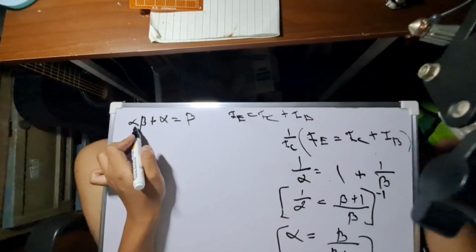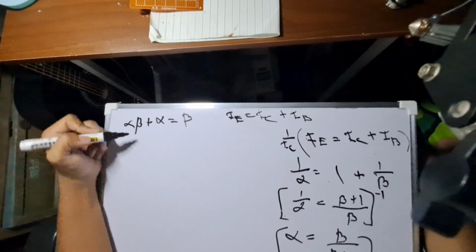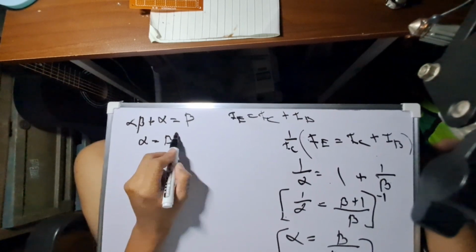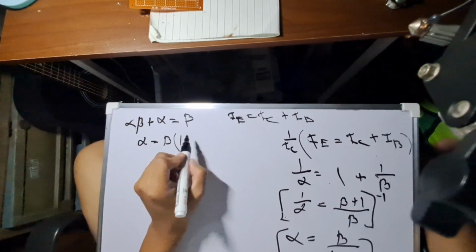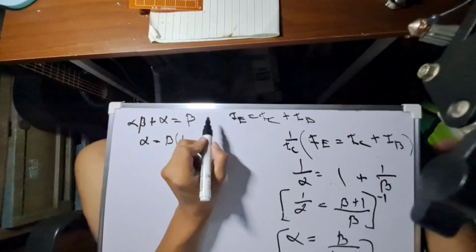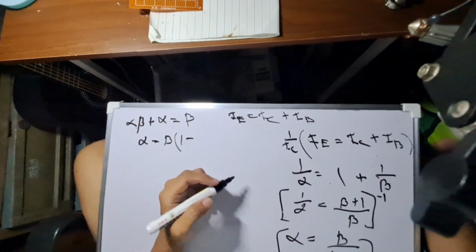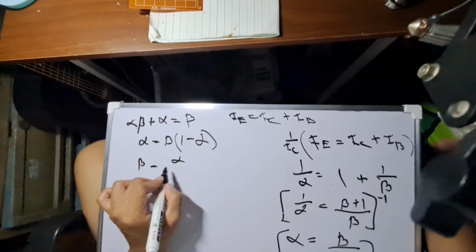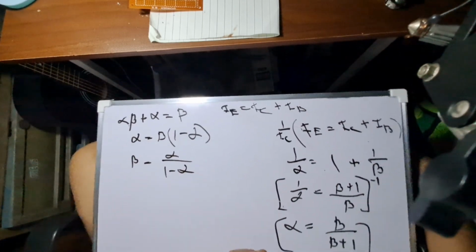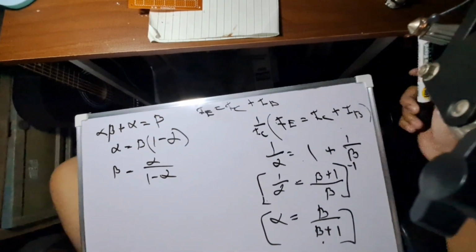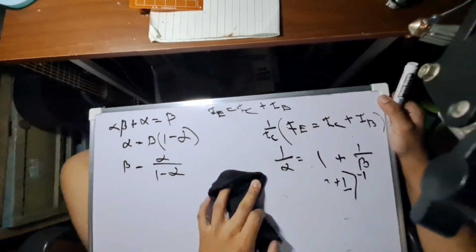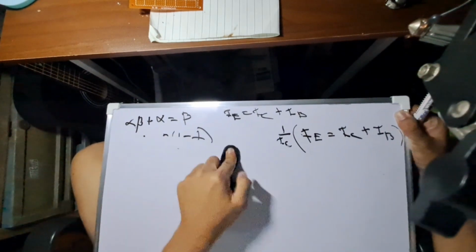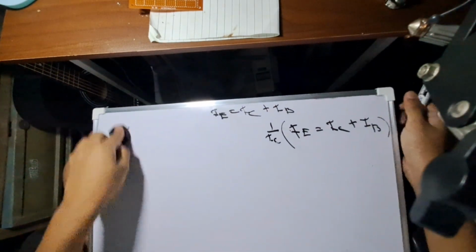Therefore we have alpha is equals to, factor natin beta, beta minus alpha beta. So mag-factor si beta doon, 1 minus alpha. So therefore isolate natin si beta. Therefore beta is equals to alpha over 1 minus alpha. So ayun yung nangyari. Nag-IC na tayo, IB na lang matitira.